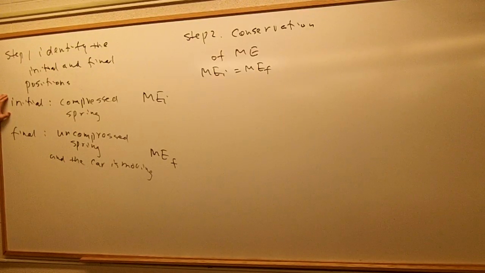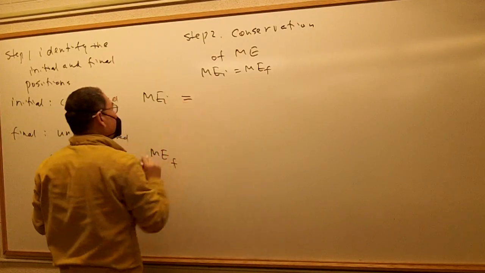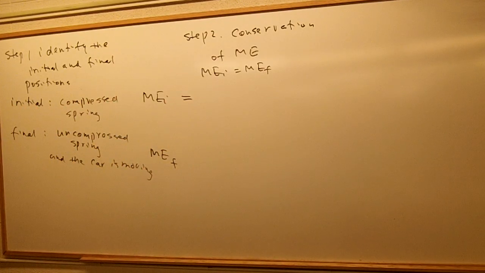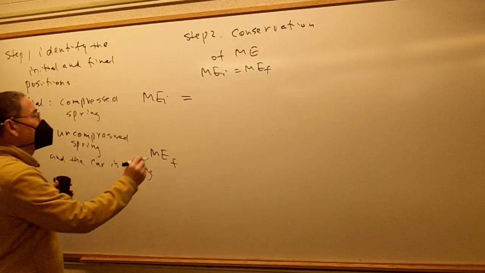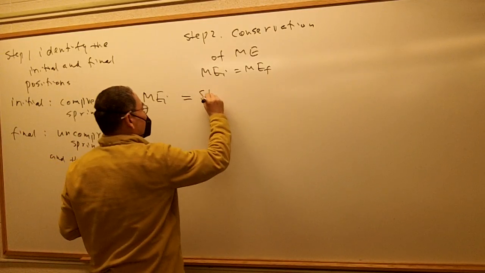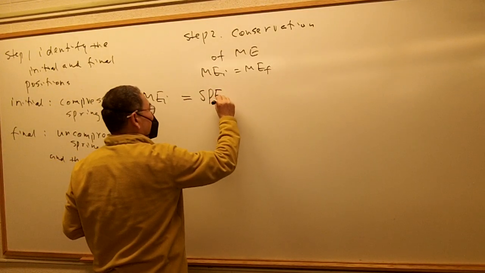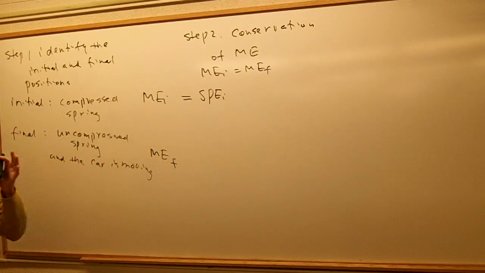Did you see we have an initial condition like this, the compressed spring? So therefore we're going to write out what this ME is going to be. Because we have a spring, it must have spring potential energy. In our class we use SP. That's the initial potential energy from the spring, the spring potential energy.